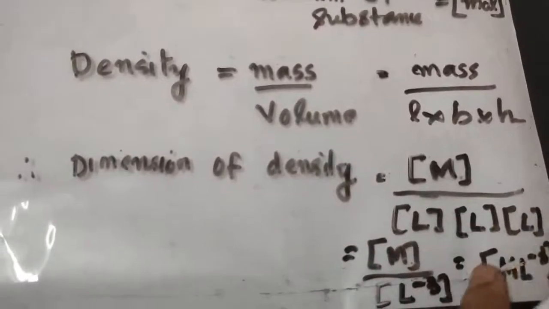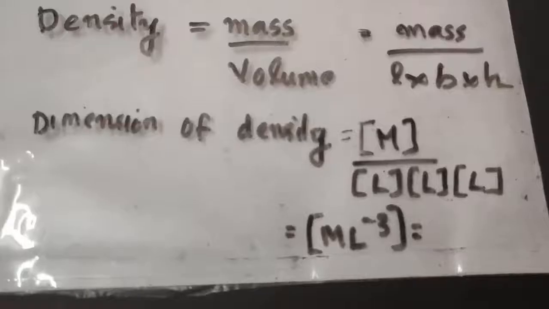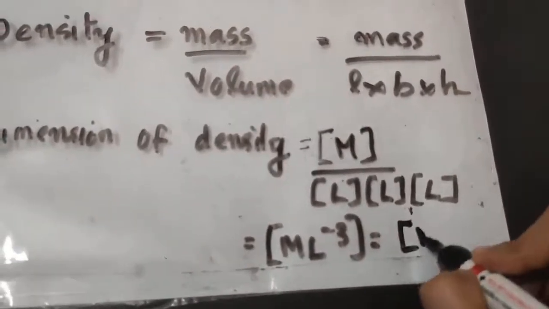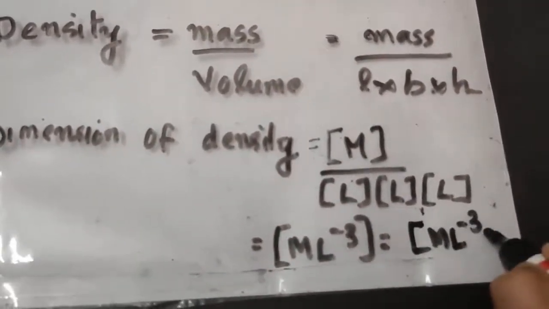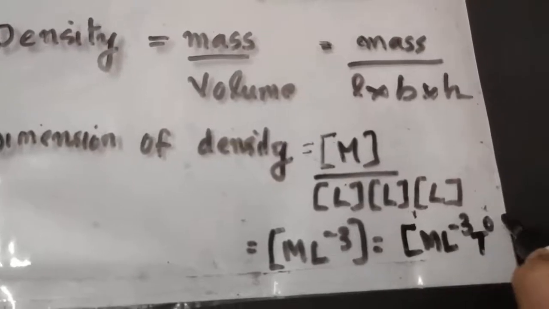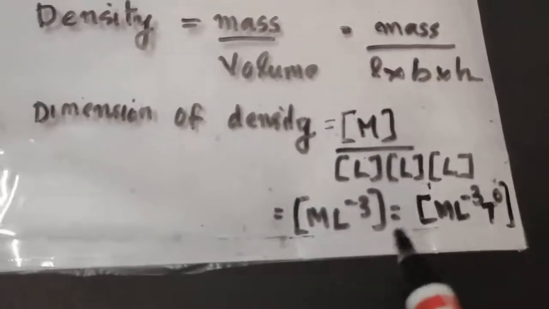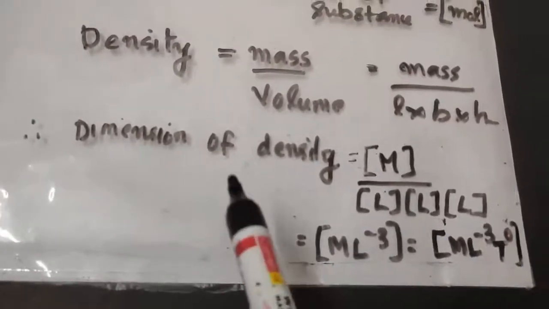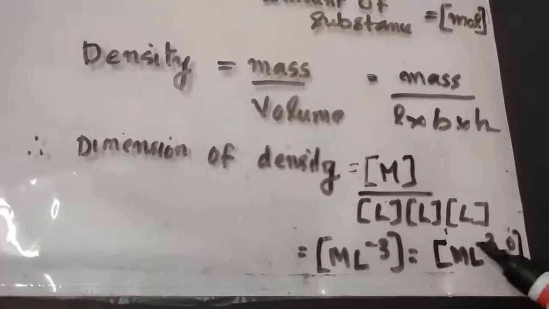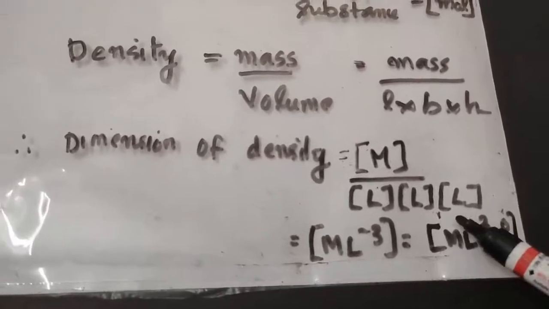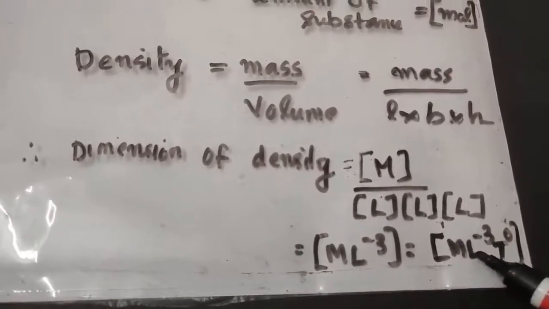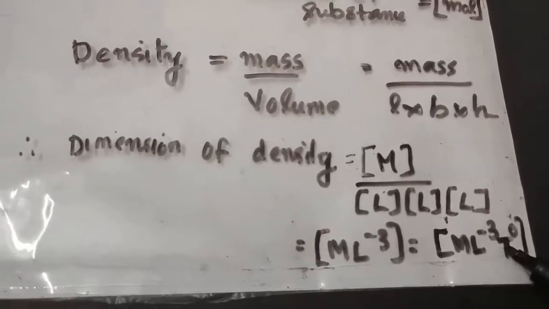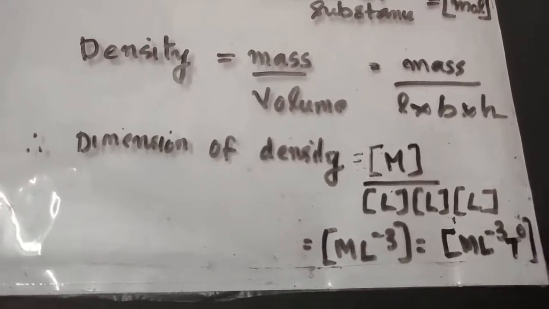If we want to include that also, it is M L raised to minus 3 T raised to 0. If we check this equation, what is the power of M here? It is 1, and the power of the fundamental quantity L is minus 3, and T, its power is 0.